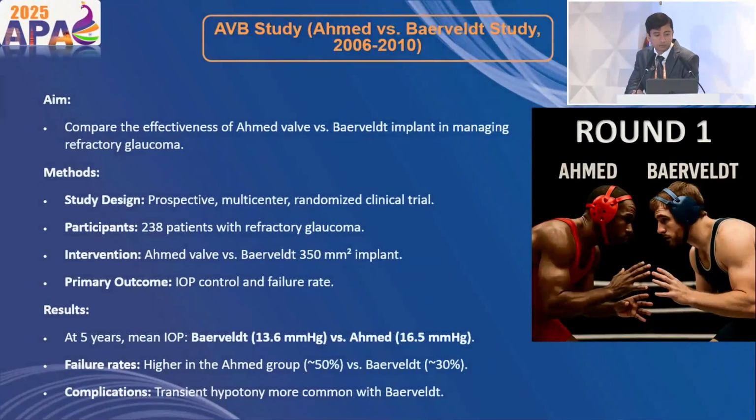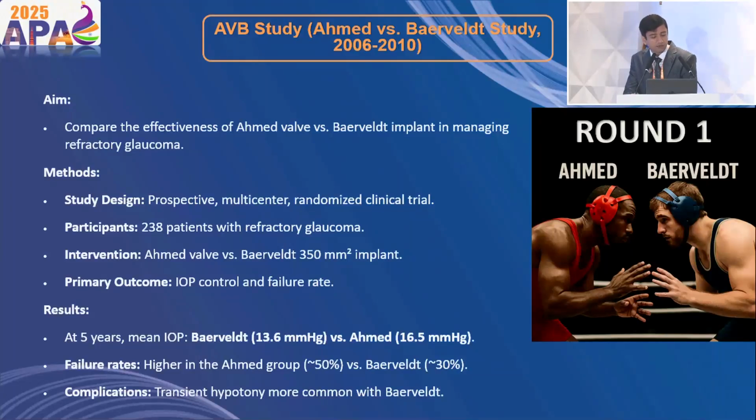Coming on to the third one, it's the Ahmed versus Baerveldt. They compared the Ahmed with the Baerveldt in refractory glaucomas. 238 patients were randomized to either Ahmed FP7 or Baerveldt 350. At 5 years, the Baerveldt had the lesser mean IOP.